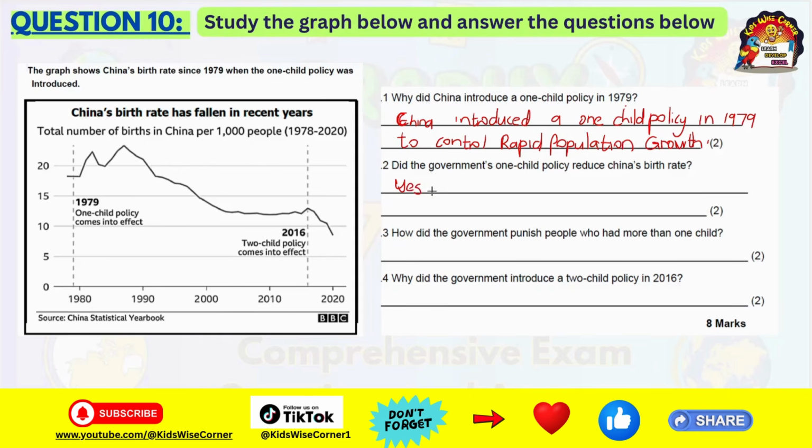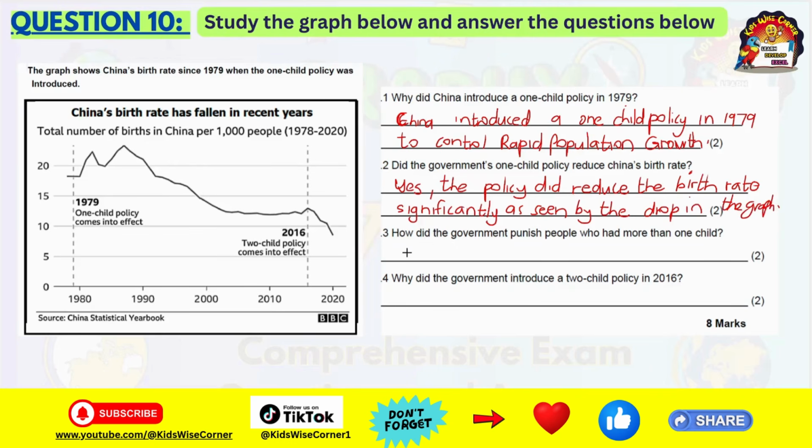So yes, the policy did reduce China's birth rate significantly, as seen by the drop in the graph.